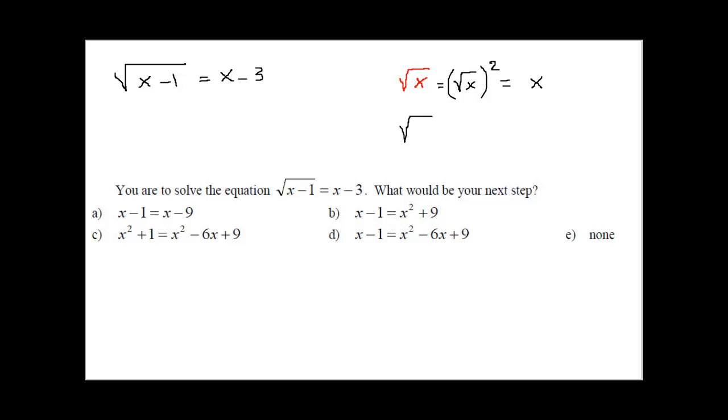Remember, we had nth root of x to the power of m, the same as x to the power of m over n. So if these exponents are the same, then that would be x to the power of 2 over 2, which is equal to x.